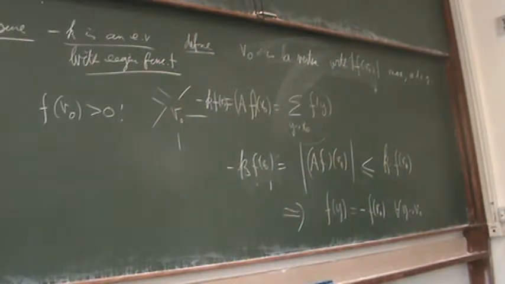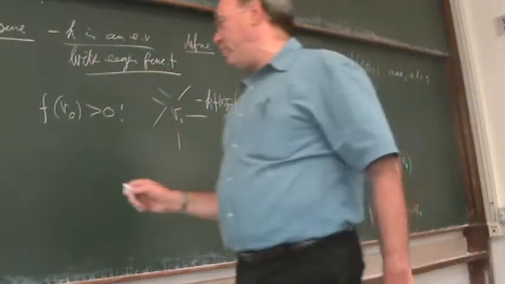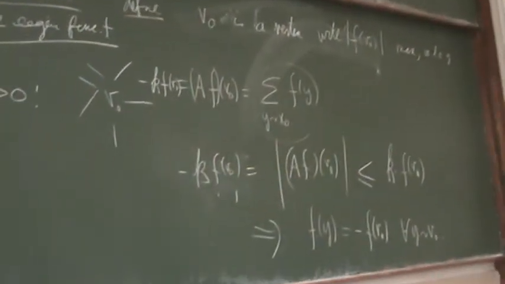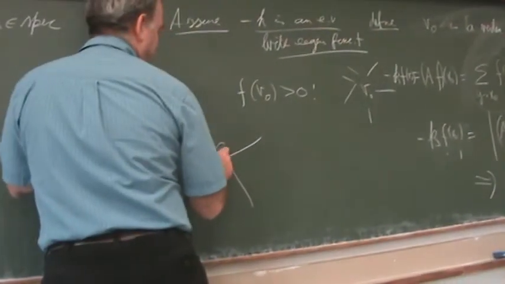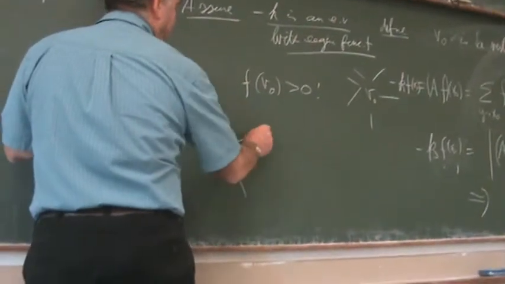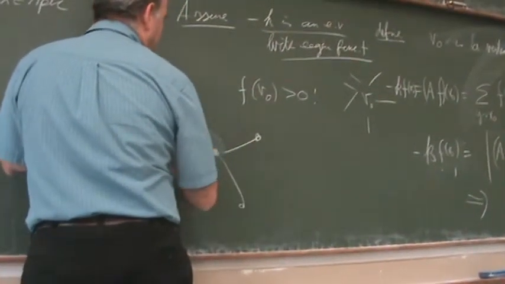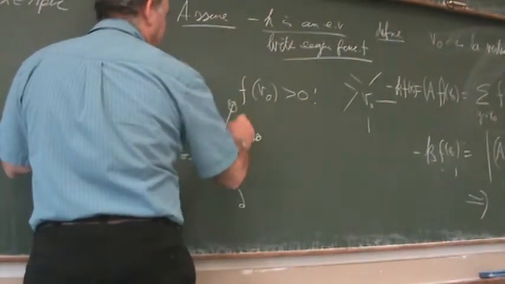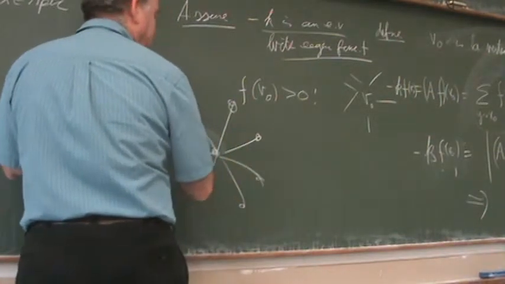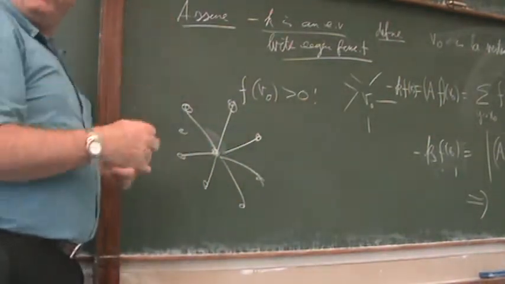Now we can continue like that. It's clear, right? We have v naught, the value here is some positive number, and then the value in the neighbors will be the negative of it, with the same absolute value. And then we can continue like that.